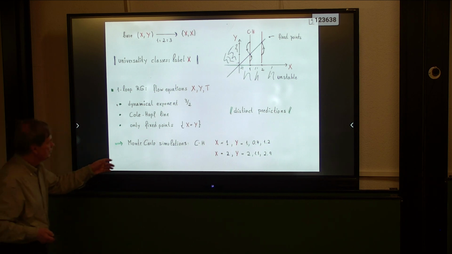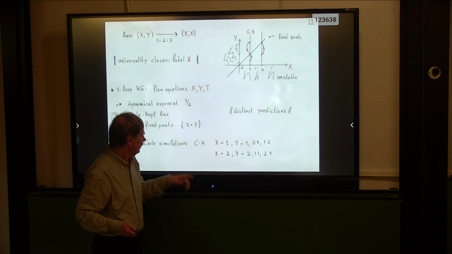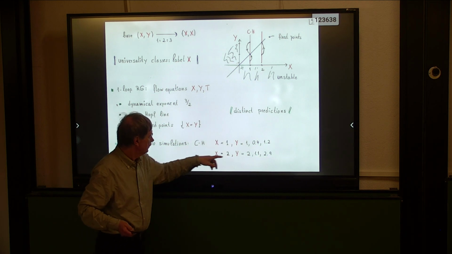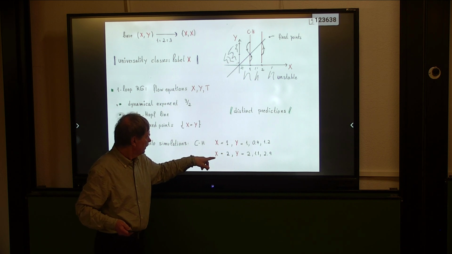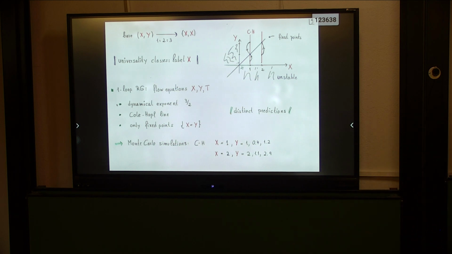One set of simulations is on the Cole-Hopf line, and we have another set of data on the point where x is equal to, and we are sitting on this line here, right?